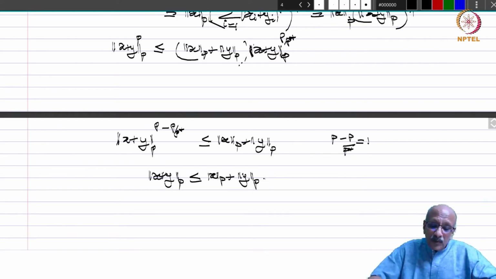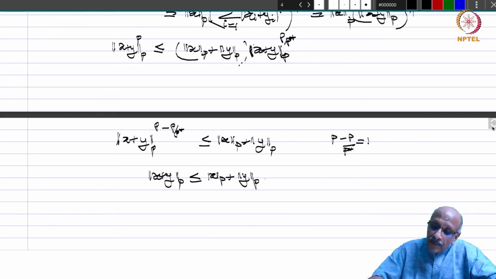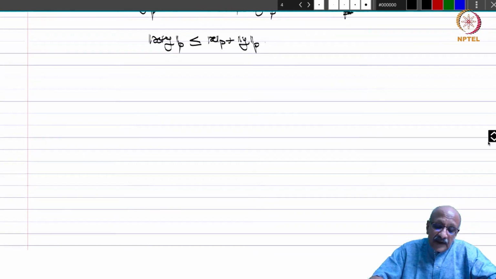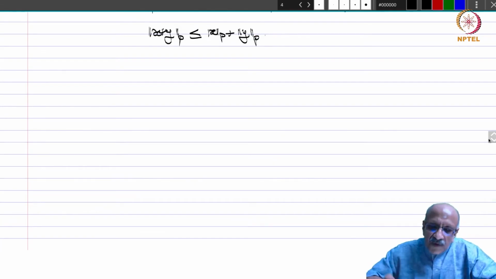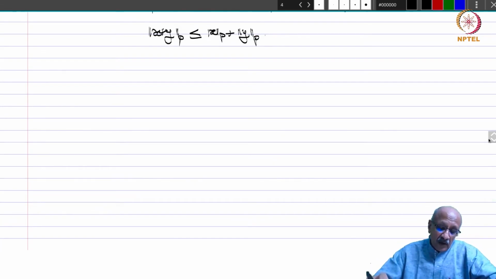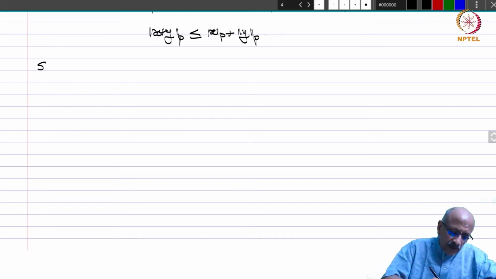So we have defined a whole family of norms on finite dimensional spaces, on R^n, and you could have done it on C^n as well without any change in any of the proofs, and therefore you have a lot of examples. So now let us come to the question of sequence spaces.